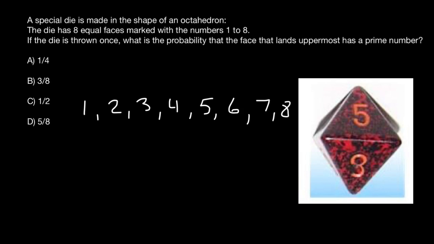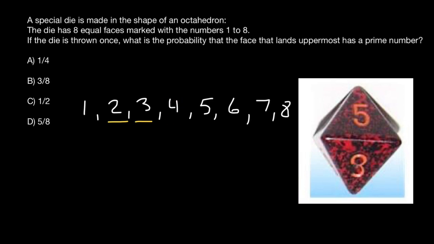This is such a number that can be divided only by itself and by 1. In this list, for example, 1 is not a prime number, but 2 is a prime number. It can be divided only by 1 and by 2. 3 is a prime number because it also can be divided only by 1 and by 3.